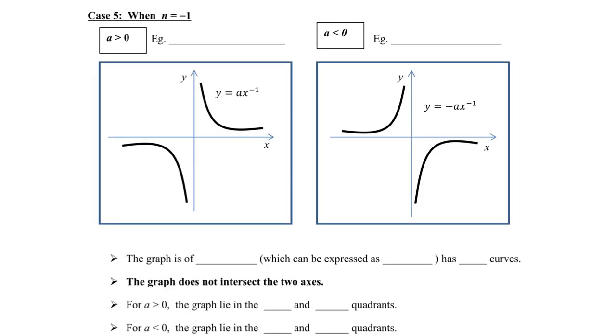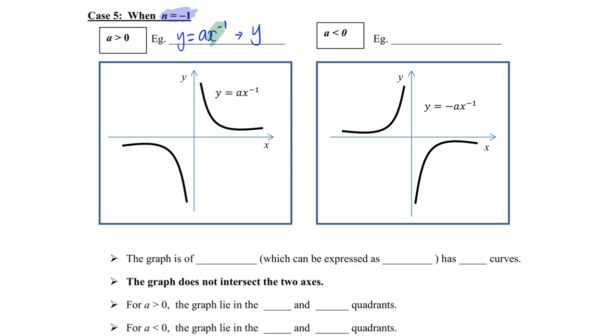Hello everyone, welcome to this part of the video where we are going to explore the case where n equals -1. So this means that we are going to see y equals a x to the power of -1. There's another way of writing this.